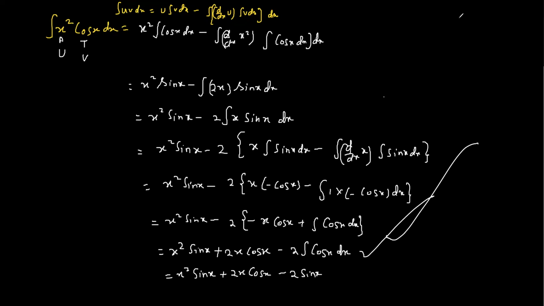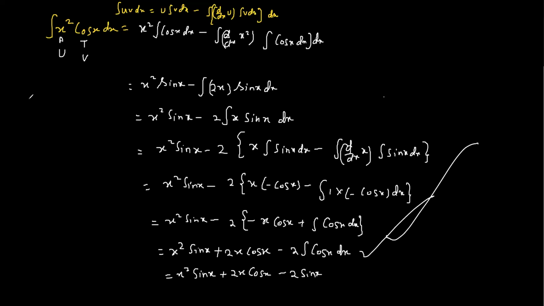So x square sin x minus the integral of 2x sin x. Because we have an integration of x sin x, we apply the rule again. We have x, which is type A algebraic, and sin x, which is T. So x is u and sin x is v.